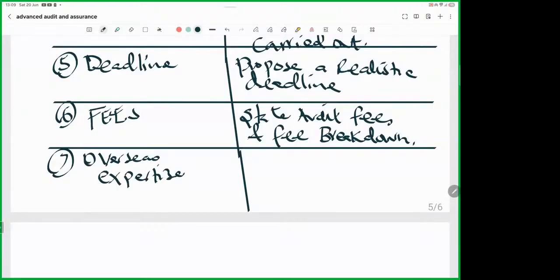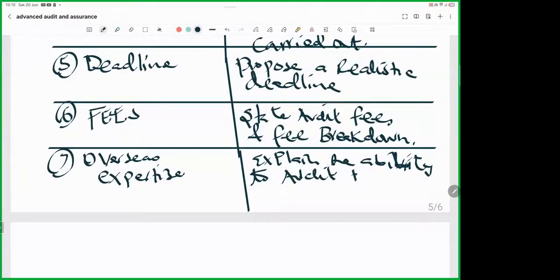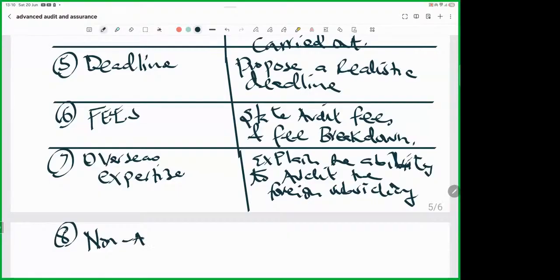You may have spoken about it in the overview, but there is nothing wrong in having a whole page where you explain the ability to audit the foreign subsidiary. And then, of course, you must always end up giving what we call non-audit services.